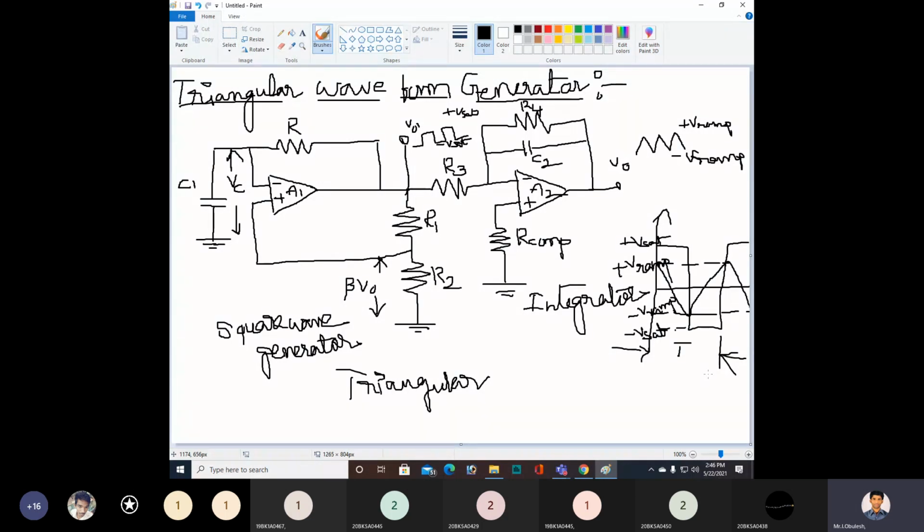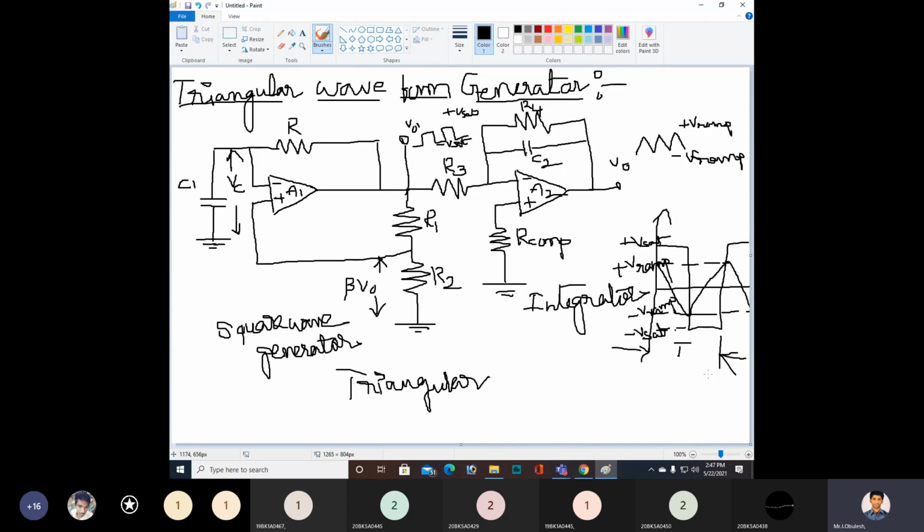The output of comparator A1 is a square wave of amplitude plus or minus V saturation, which is applied to the input terminal of the integrator A2, and A2 produces the triangular waveform.